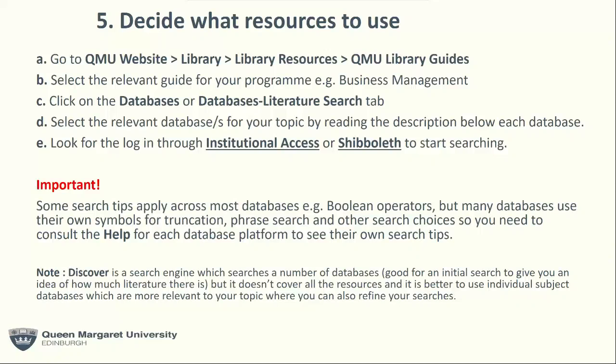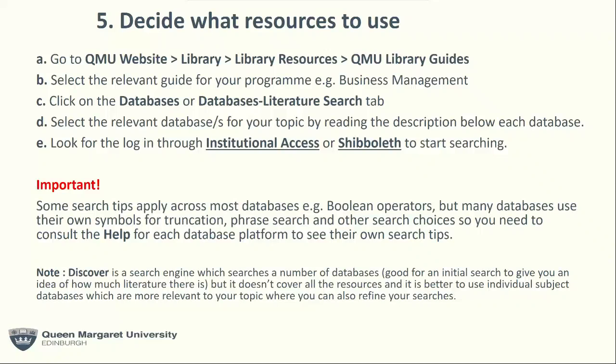This is why it is vital that you pick up the correct database by going to the library website, following the link to the library resources, and picking up one of the QMU library guides, which are designed by the liaison librarians to cover all the programs at QMU.